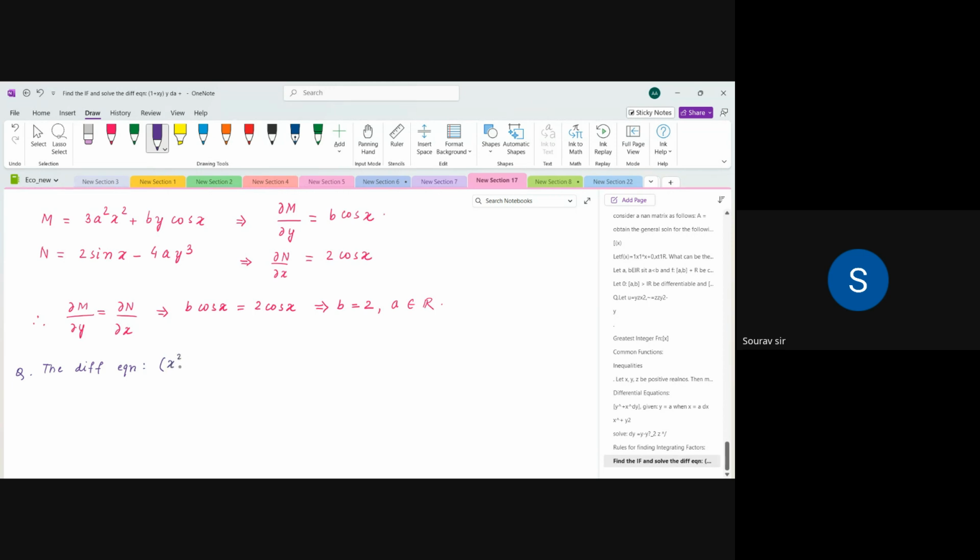The differential equation (x square minus x) dy by dx is equal to (2x minus 1) into y, where y of x naught is equal to y naught, has a unique solution if (x naught, y naught) is equal to what?